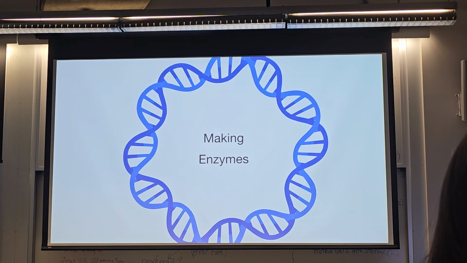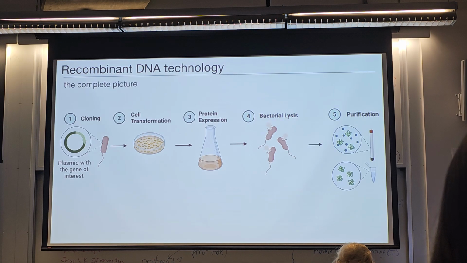So once you've discovered an enzyme, really the next step is how do we actually go about and make enzymes at scale, in the cell. And because of this course, you have a good foundation about some of the basics of cloning and purification, so we'll go over this a little bit. But really the process is like a lot of what you've learned.